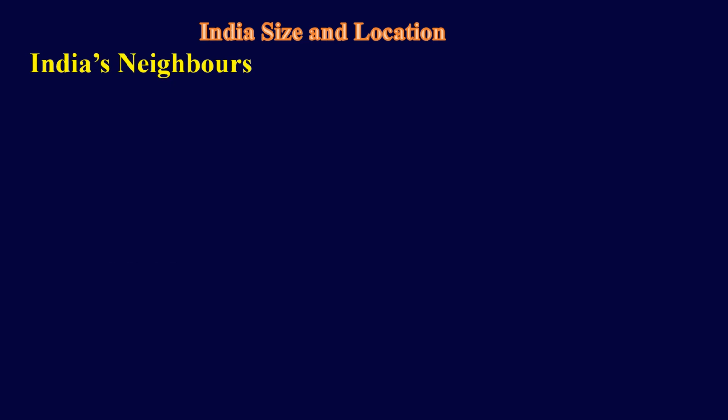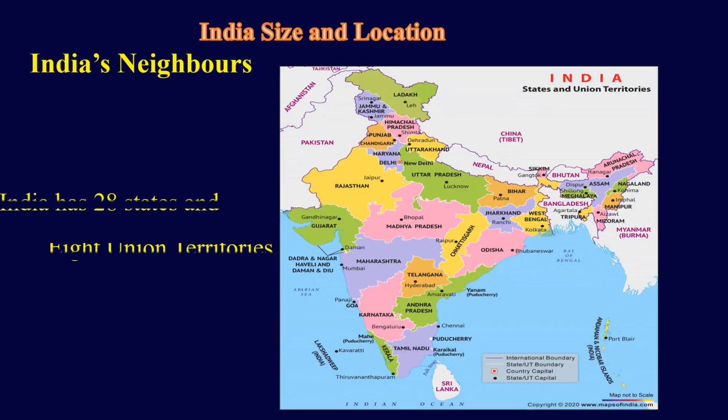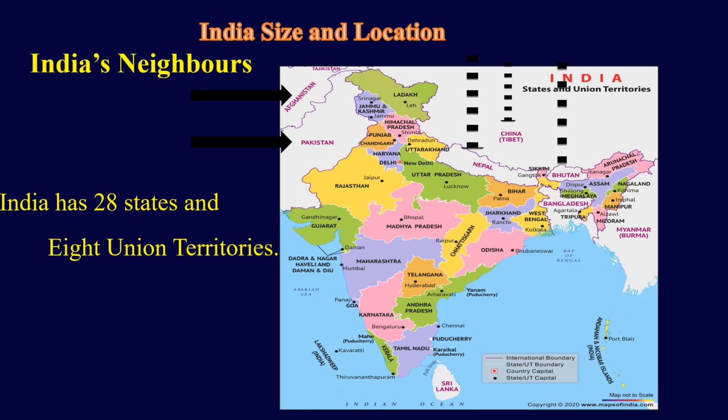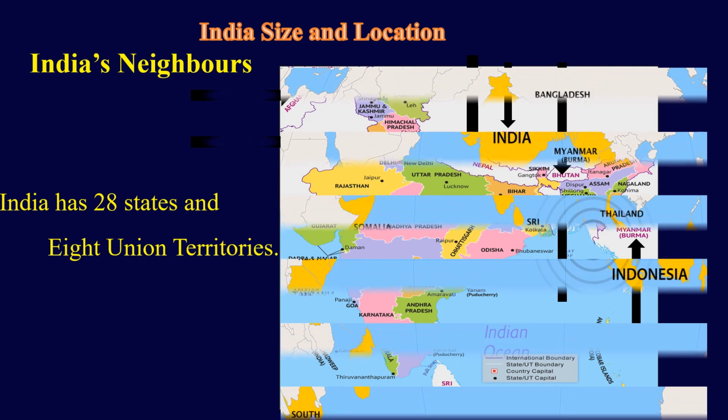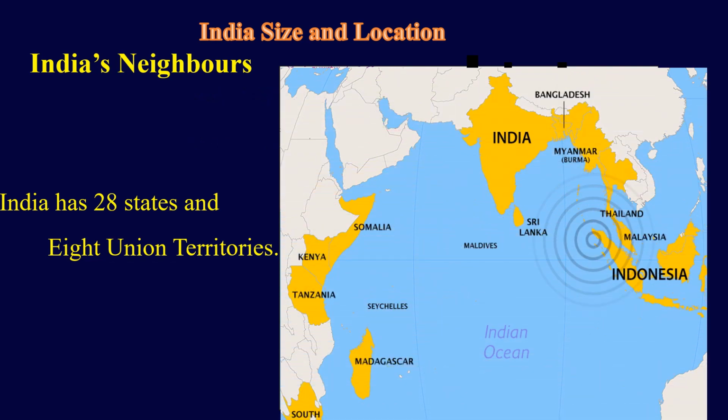Let's talk about India's neighbors. India has 28 states and 8 union territories. In the northwest, India shares its border with Pakistan and Afghanistan. In the north, India shares its border with China, Bhutan and Nepal. In the northeast, India shares its border with Myanmar and Bangladesh. Our southern neighbors are Sri Lanka and Maldives.